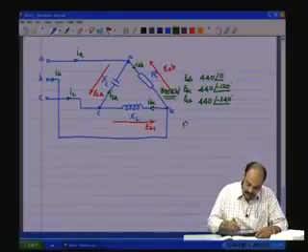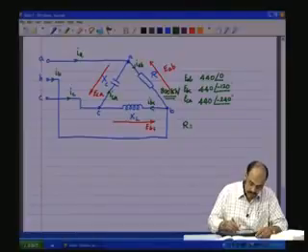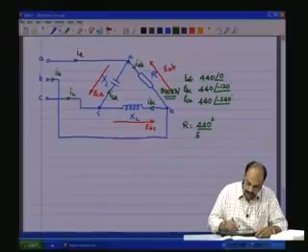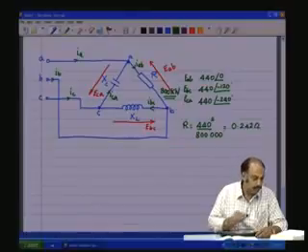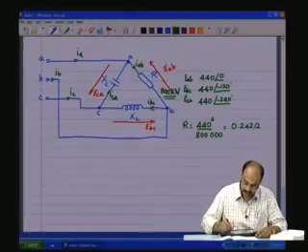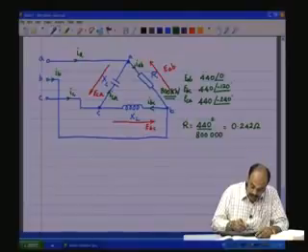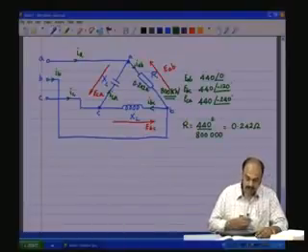So, then R would be 440 squared by 800 kilowatts, which is 0.242 ohms.